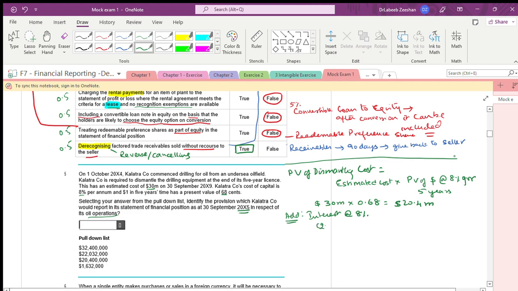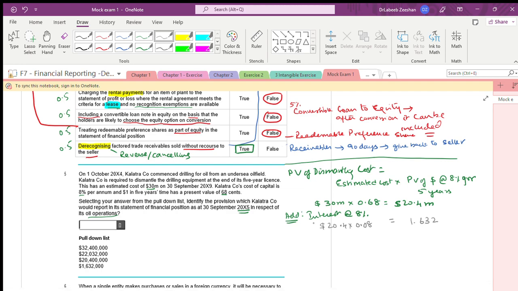How much is there? 20.4 times 0.08. It comes to how much? 1.632.